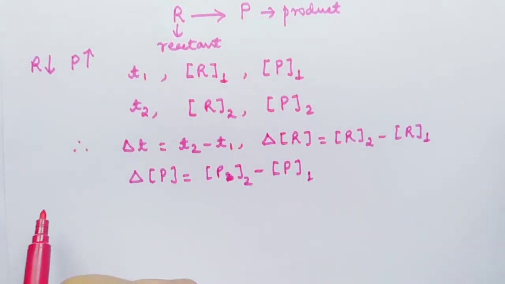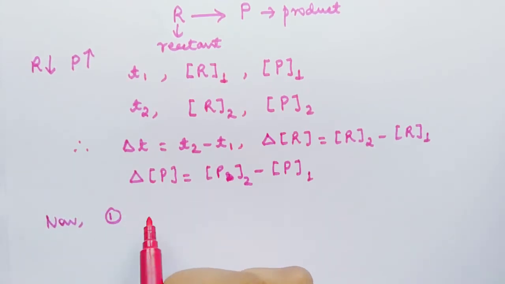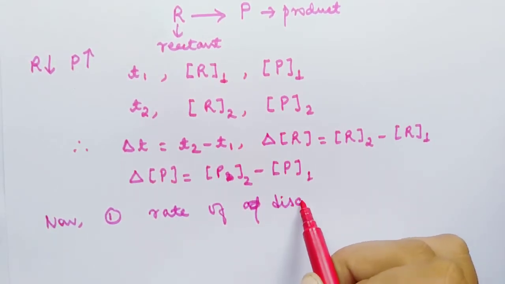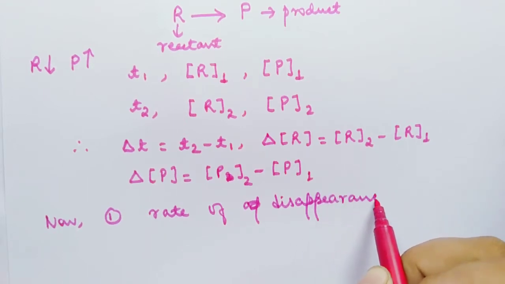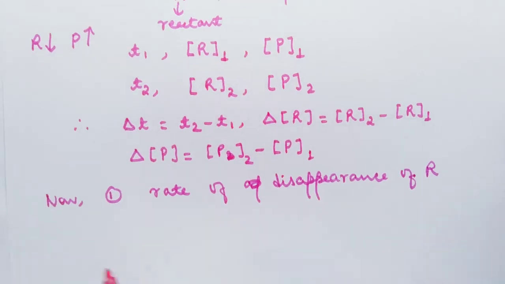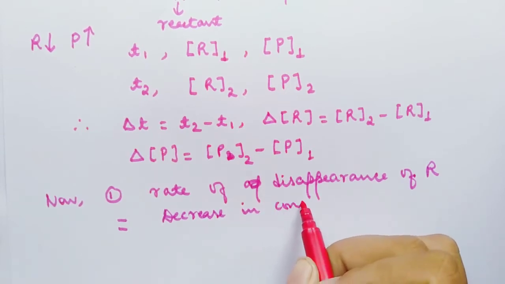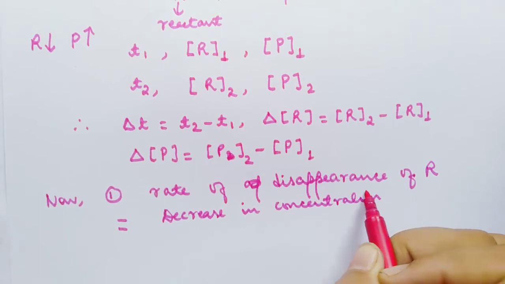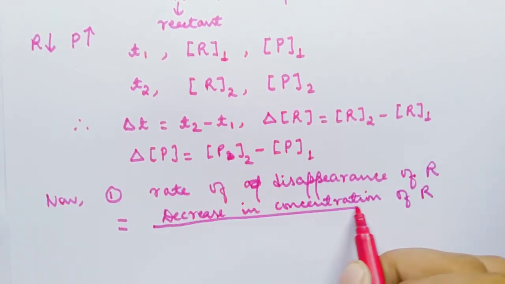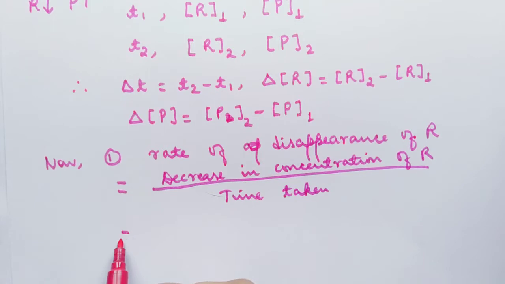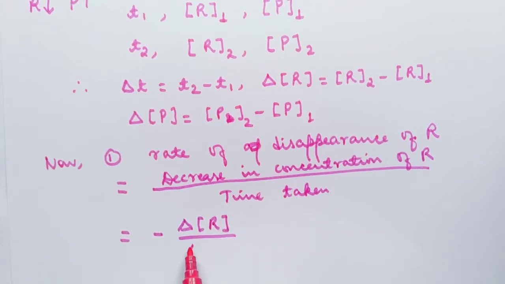Okay, now we come to the rate. First, rate of disappearance of a reactant R. This is equal to decrease in concentration of the reactant R divided by the time taken, and this is equal to minus delta R by delta T. What is the meaning of this negative sign?